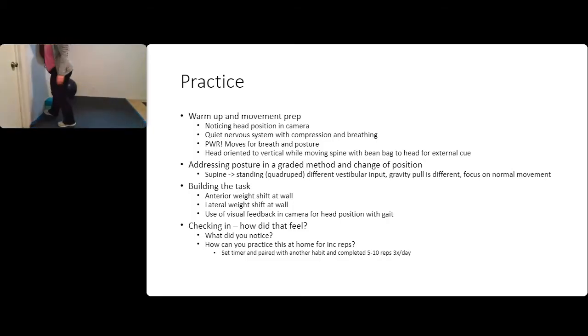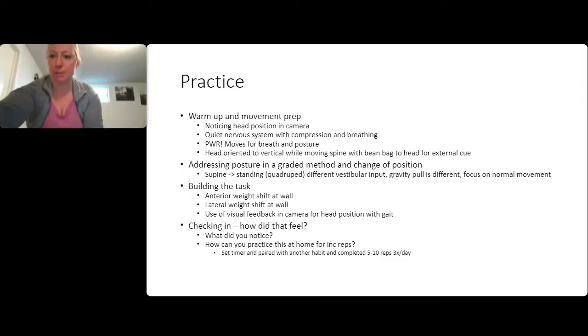So you see my stance, I want to see them really push off this back foot, reach high, and come back. And again, this is a great place to put that beanbag on their head so that their head stays in midline as they're preparing and weight shifting to walk. And you could do this with, we have a grab bar at the wall for them to hold on to, but you could also do this in their walker.